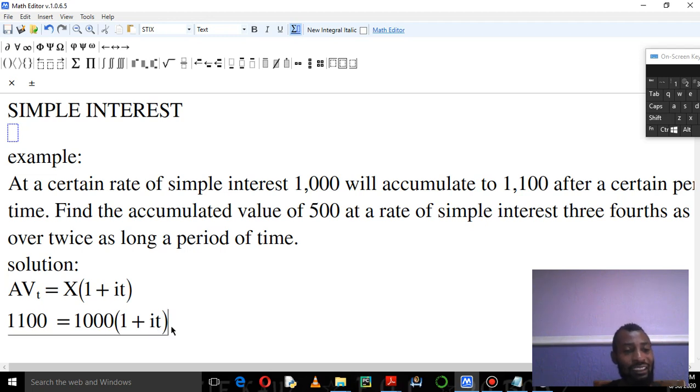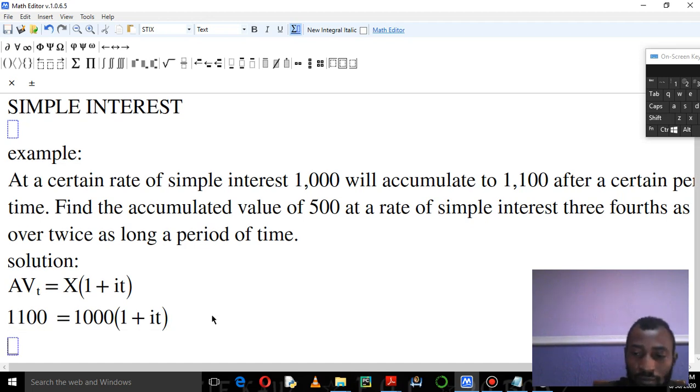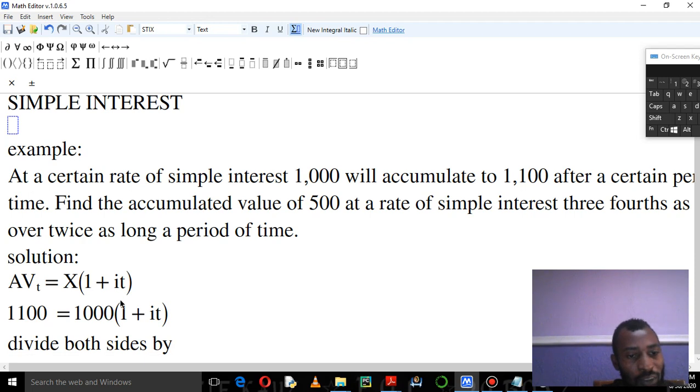Calculate your IT. So how do we calculate our IT now? We've gotten the equation here. So all we need to do is first divide both sides by 1000.